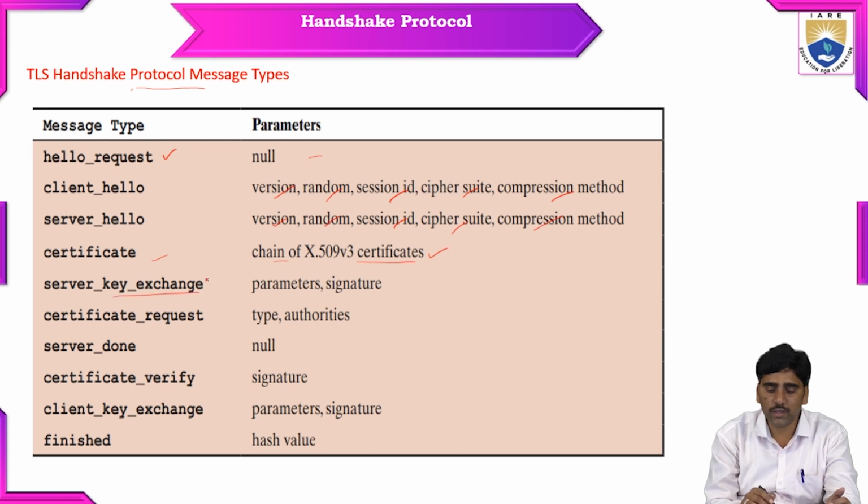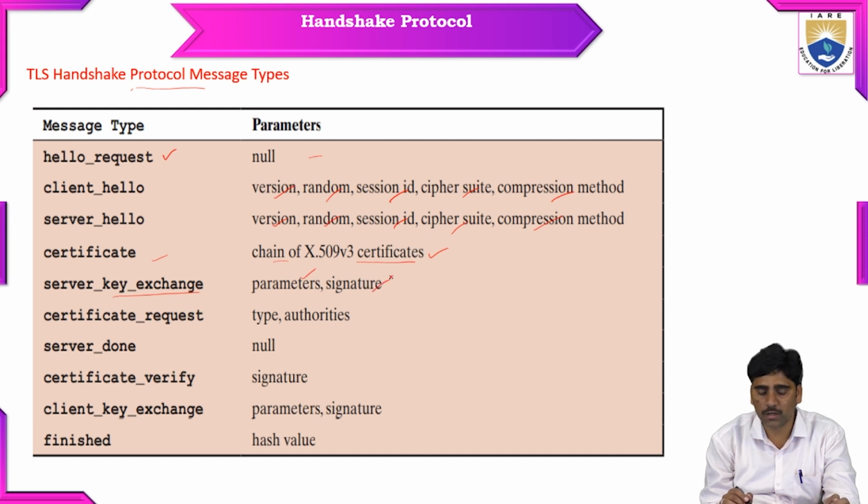And Server Key Exchange, whose parameters are parameters and signature, which is the generated key that is digitally signed, used for the server exchange. Similarly, Certificate Request indicates the type parameter and authorities.